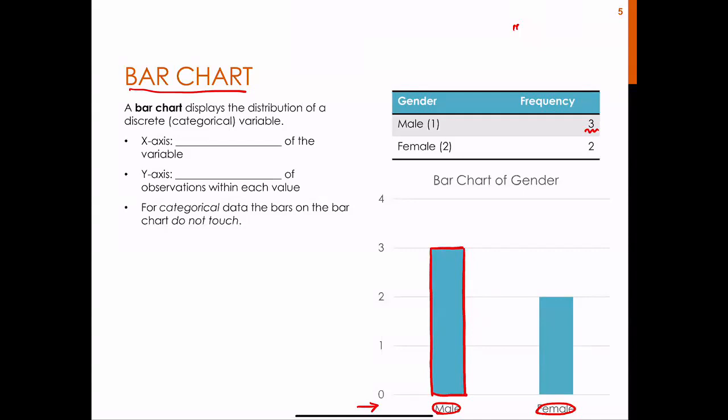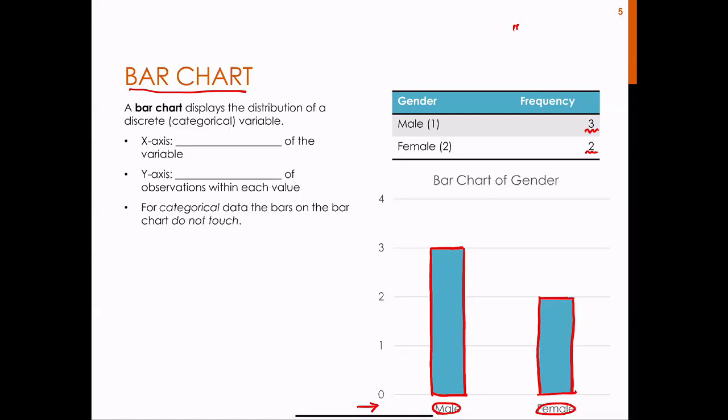And female had a frequency of 2, right? So the height of the female bar equals 2. This is the bar chart.